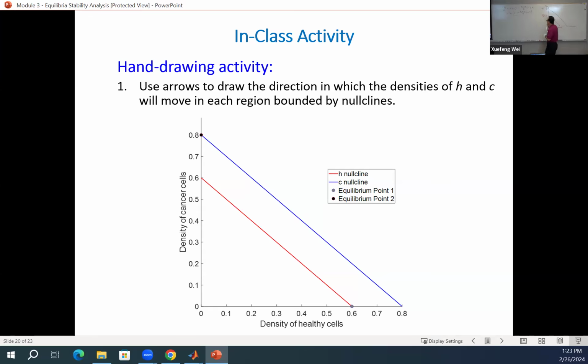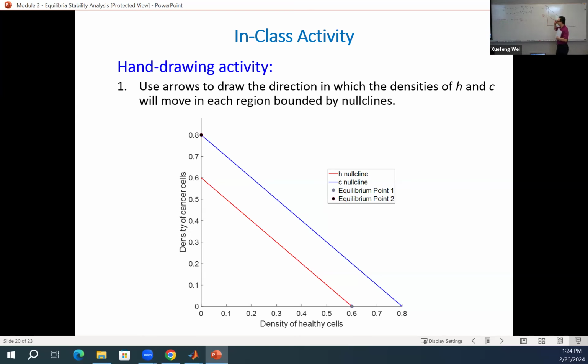Okay, so that means if I move above this line, above the epsilon line, for the x1 nullcline, then above it, dx1 dt is smaller than 0.